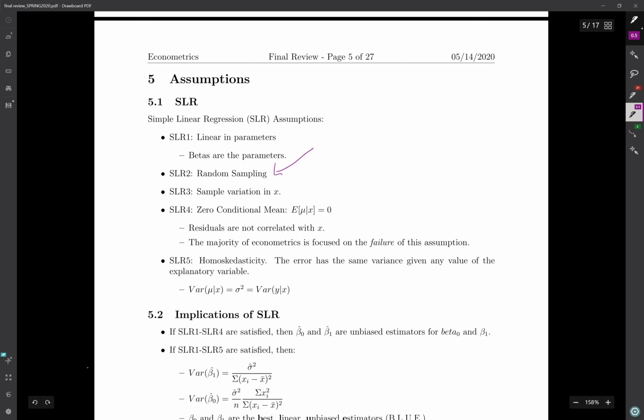Okay, random sampling. So why would it be a problem if we didn't have random sampling? Well, what if some part of the population is getting sampled more, or what if worse, what if you're sampled and maybe that could have some sort of a bias?